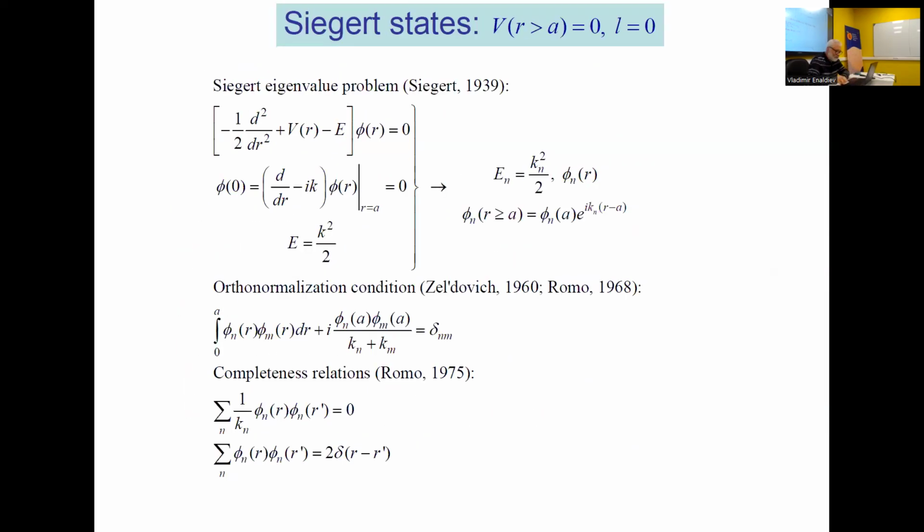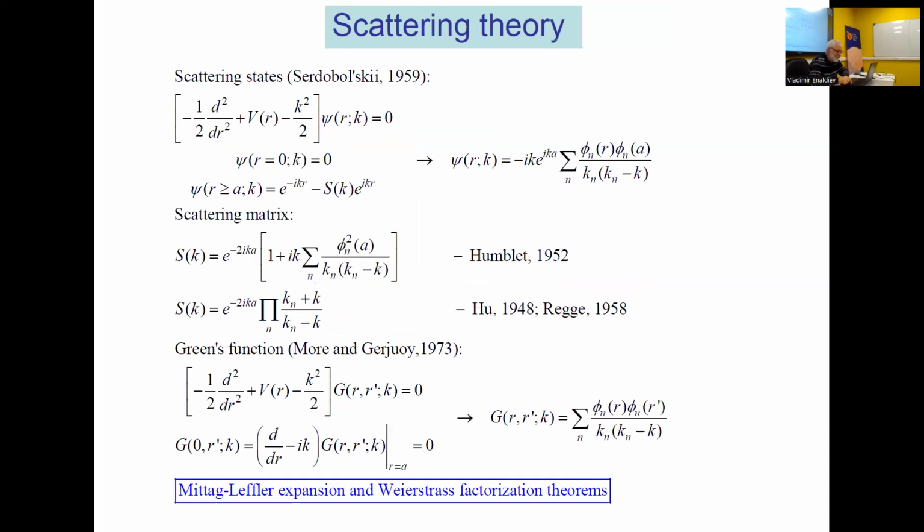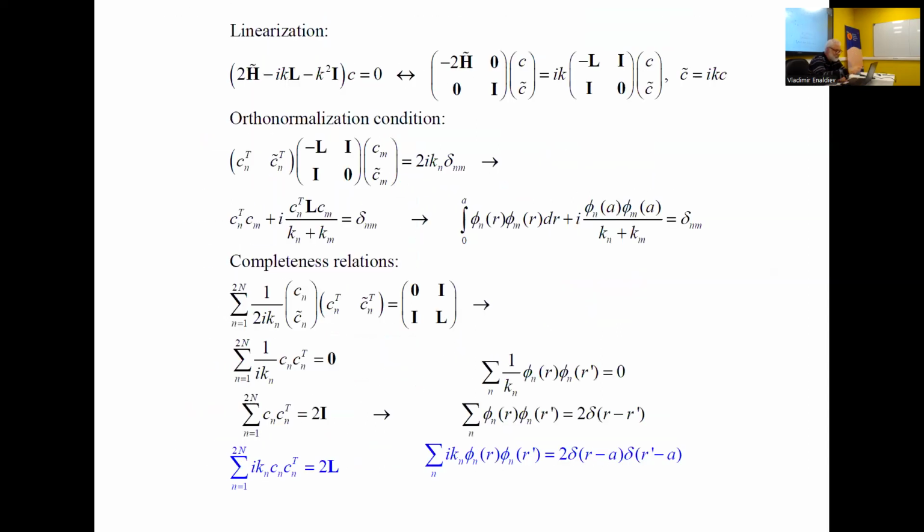So I prefer not to comment on how discreteness of the set of Siegert states can be derived within the analytical approach, but within the algebraic approach, it's trivial. It's just a solution of this algebraic eigenvalue problem whose dimension is 2 times n by 2 times n. That's it. You solve this, you call Lapack, you solve these equations, obtain 2 times n states, and insert them into given formulas. That's it.